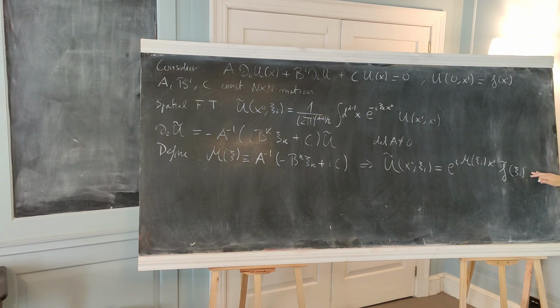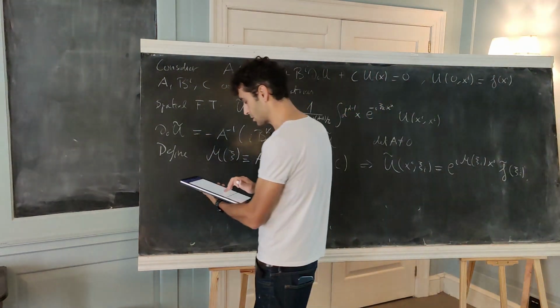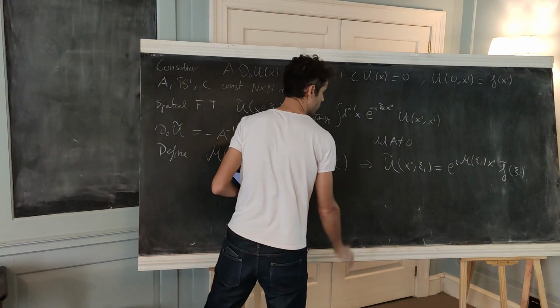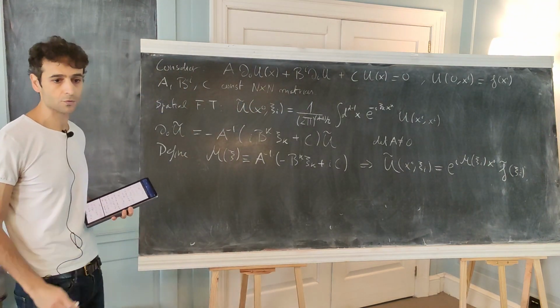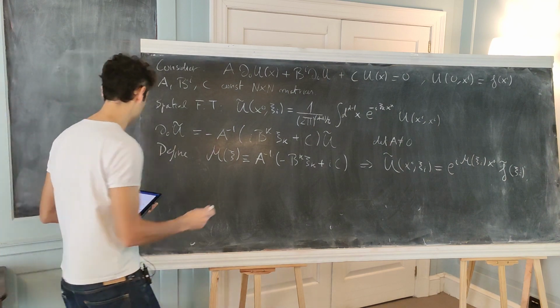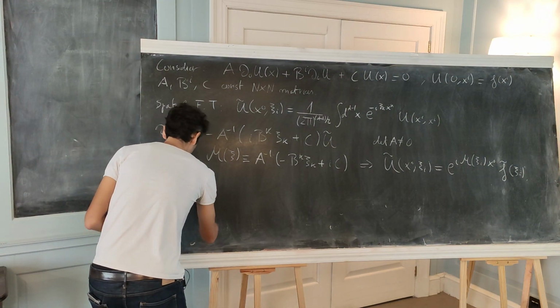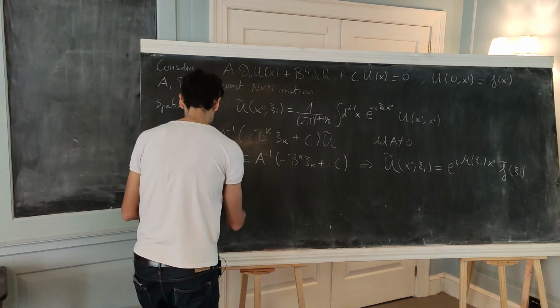So that's just a formal solution, just solving that linear equation. And once you have the solution for the spatial Fourier transform, then you take the inverse Fourier transform and you construct a solution to the initial problem. So from this, you get a formal solution by just taking the inverse Fourier transform.